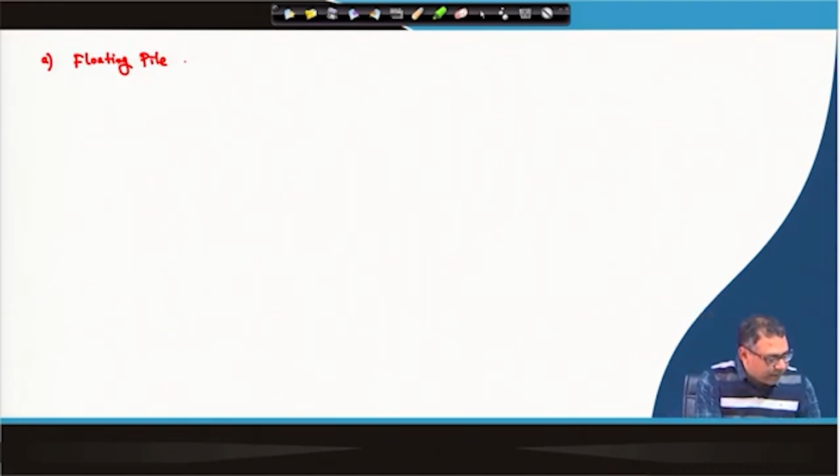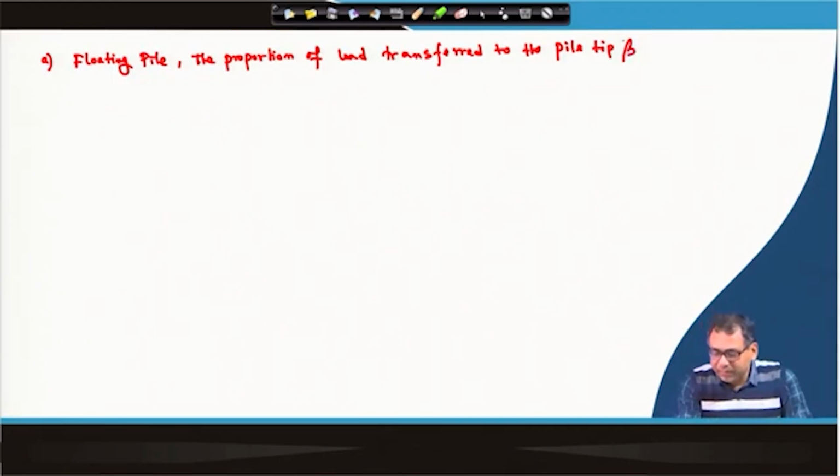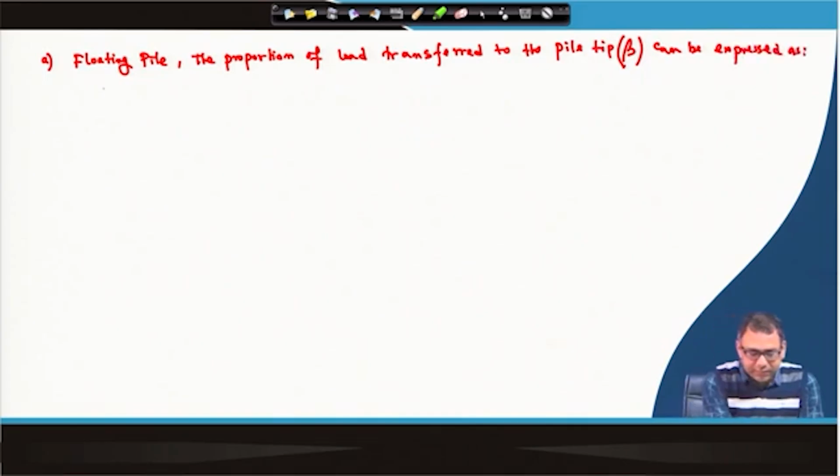For the floating pile, the proportion of load transferred to the pile tip, beta, can be expressed as beta = beta 0 times C k times C nu.